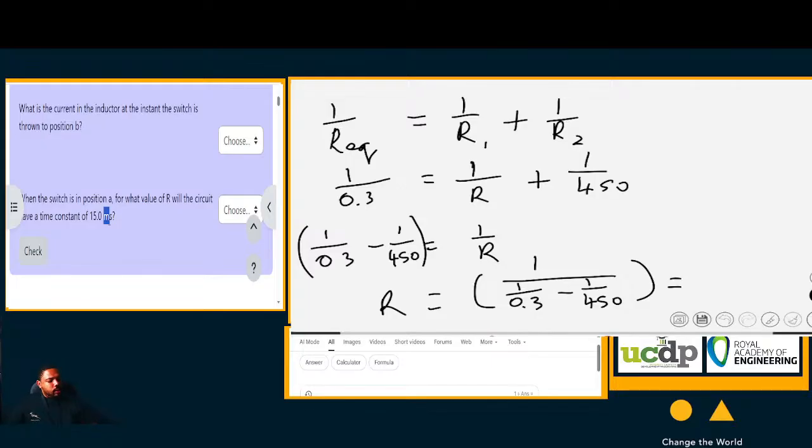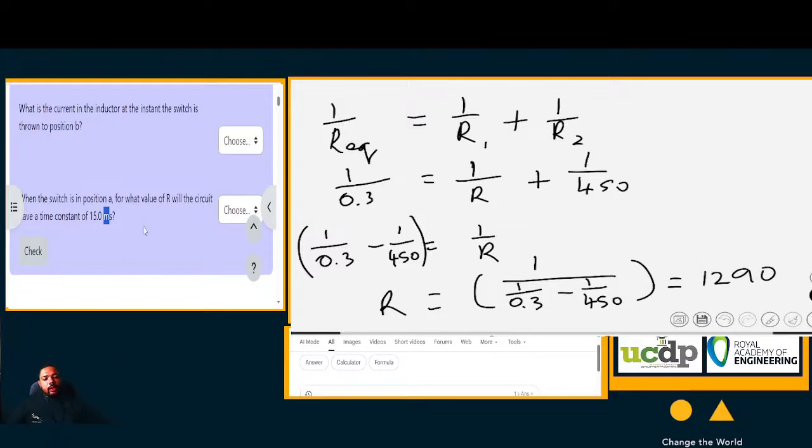Okay. Now, if you use it as micro, the same thing applies. The only thing is here your Req, your equivalent resistance, the answer then will be 1290 as I worked out earlier.